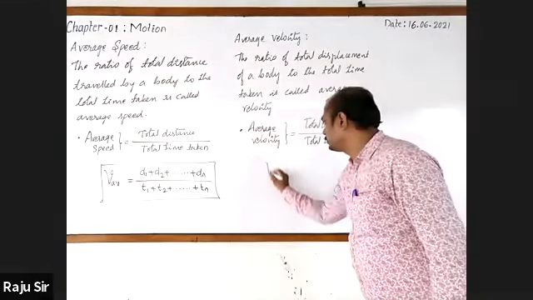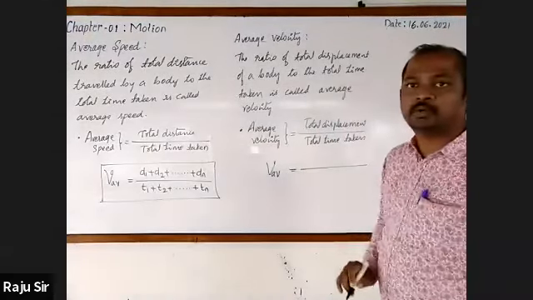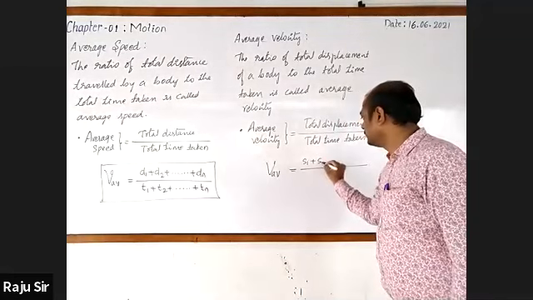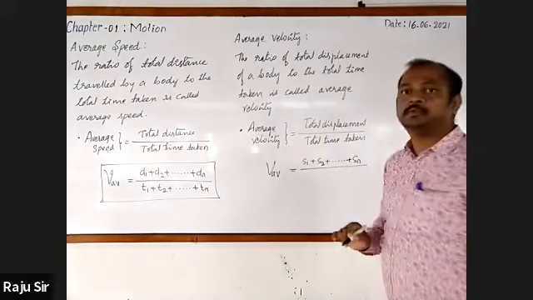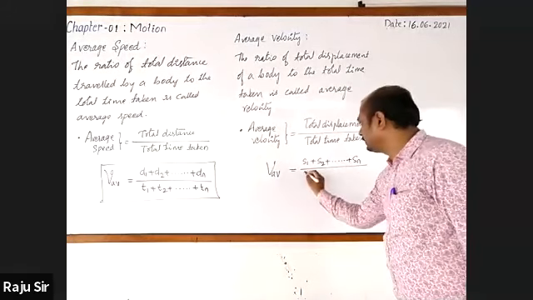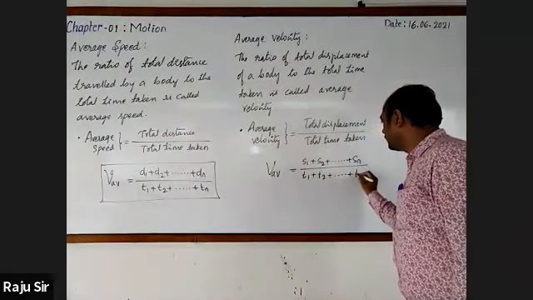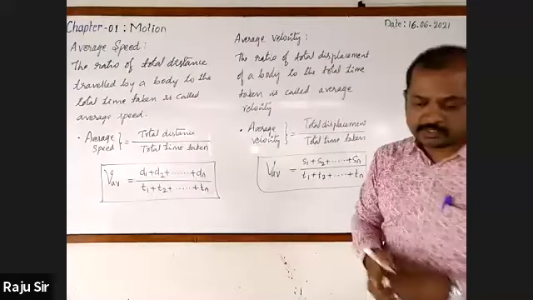And this is also to be represented as VAV is equal to total displacement, written as S1 plus S2 plus S3, at last you write Sn. Then below that, you write T1 plus T2 plus T3 and so on, Tn. Highlight this with a box.